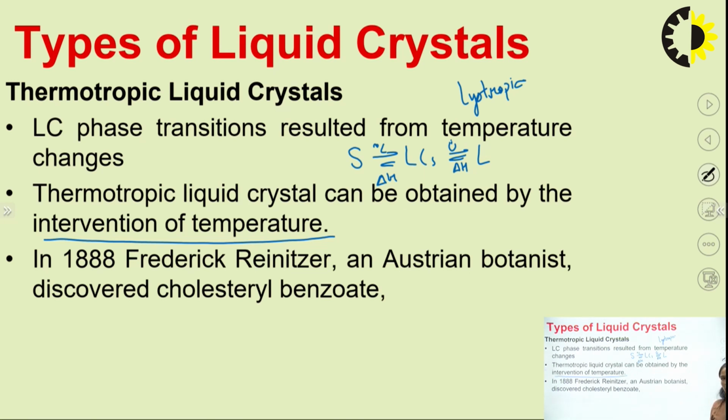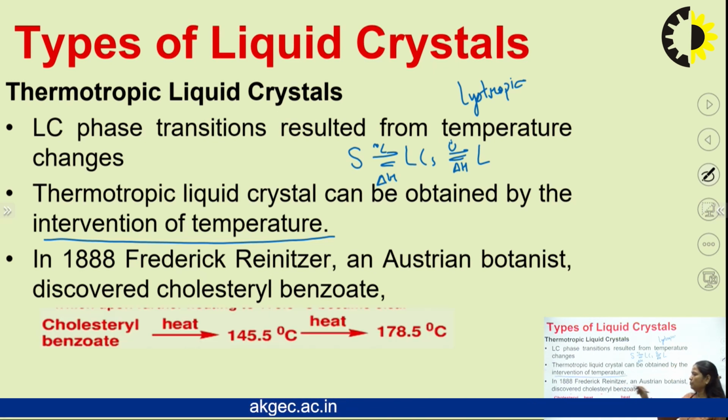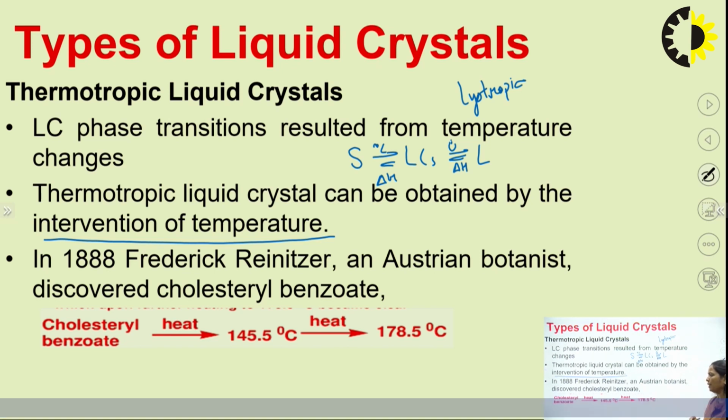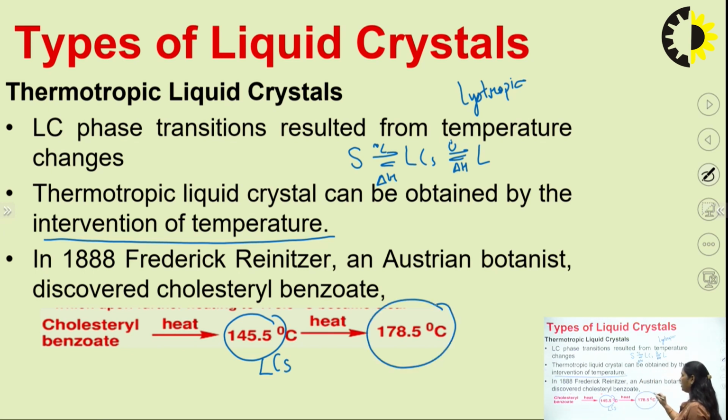The first thermotropic liquid crystal to be observed was cholesterol benzoate, by a biologist, Friedrich Reinitzer. Here cholesterol benzoate at 145.5 degrees centigrade converts into liquid crystal, and when heated up to 178.5 degrees centigrade it converts into liquid.